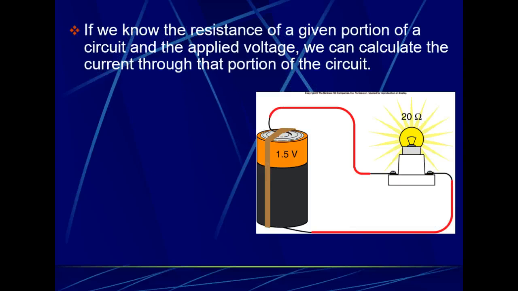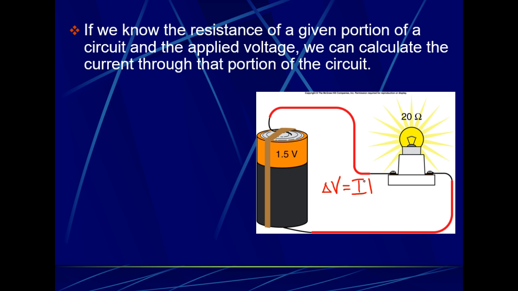So if we have the resistance of a given portion of a circuit and we have the applied voltage, we can calculate the current through that portion of the circuit. So here we have a 20 ohm resistor and a 1.5 volt battery. So we can use Ohm's law, that delta V equals IR.